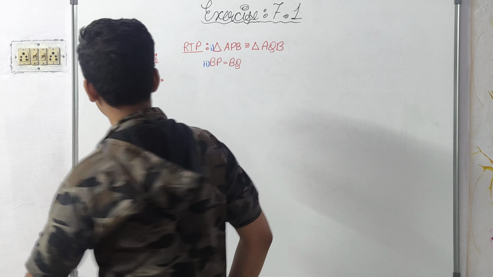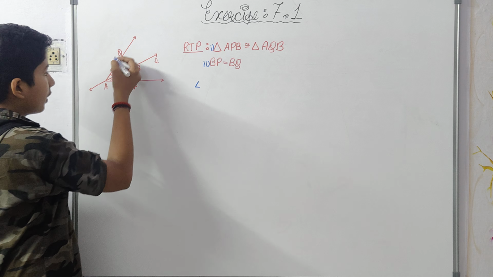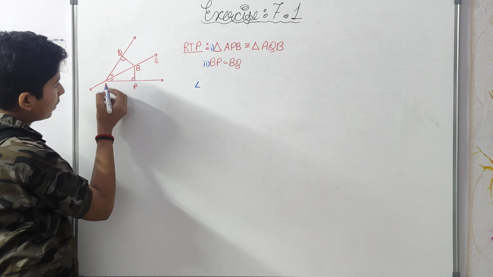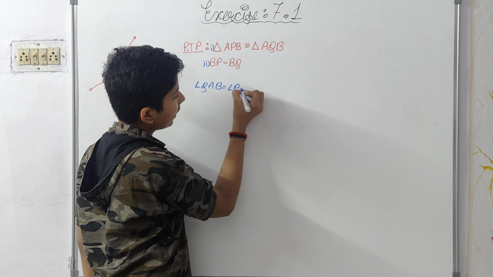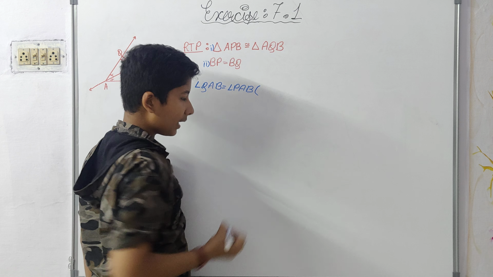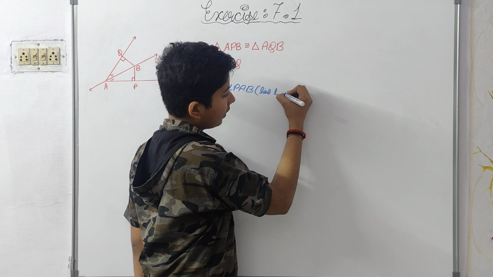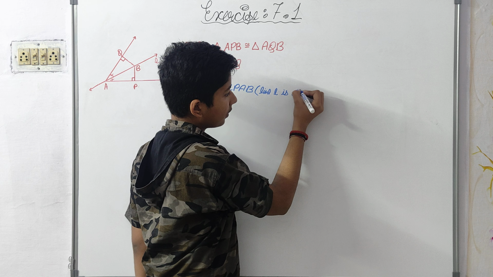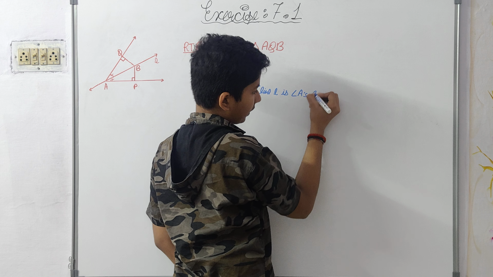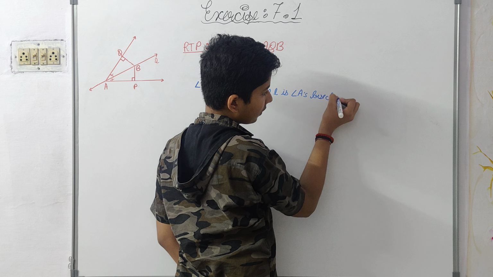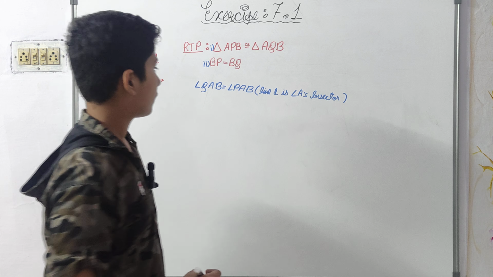So let's start. Angle QAB equals angle PAB, and in brackets we will write: line L is angle A's bisector. This we will write in the bracket.